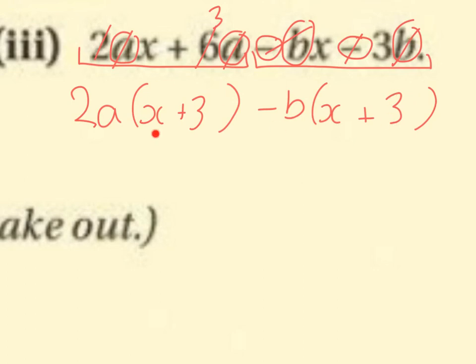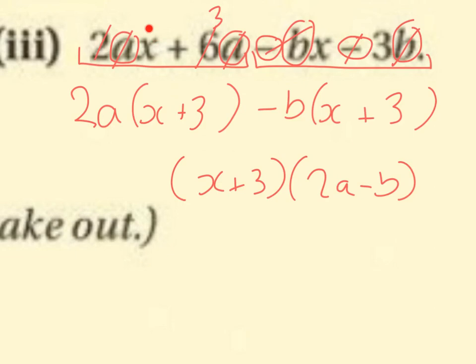Now I notice that I have the same thing inside each set of brackets. So that's going to be a factor. And I'm going to write that down here. x plus 3. And that's going to be multiplied by 2a minus b. So now I have my two factors.